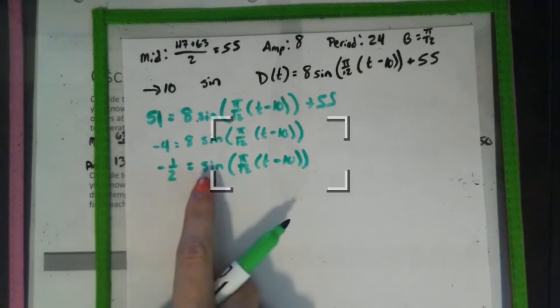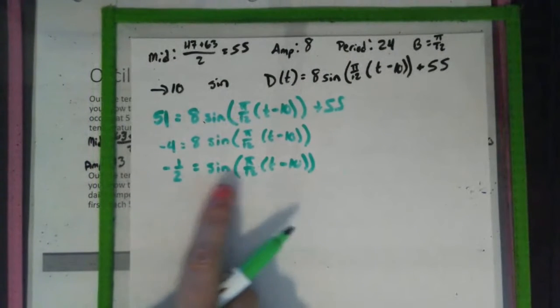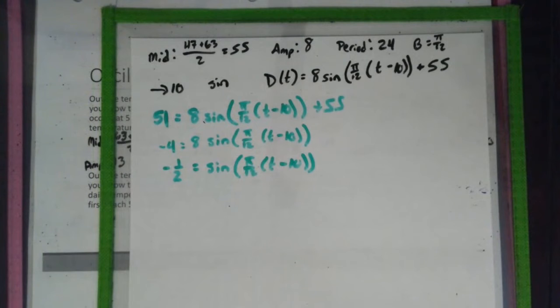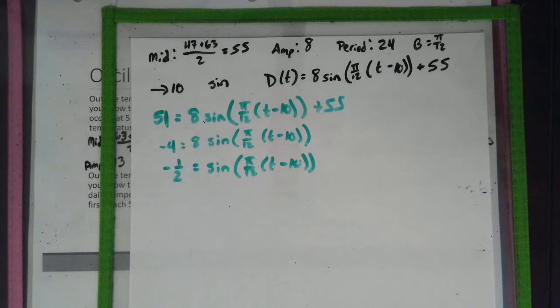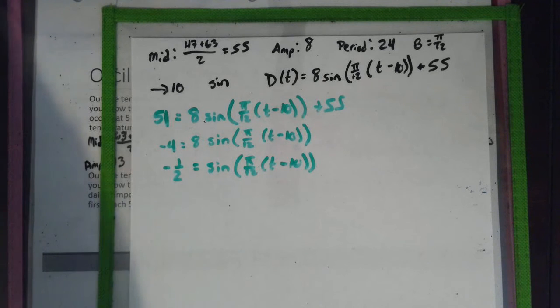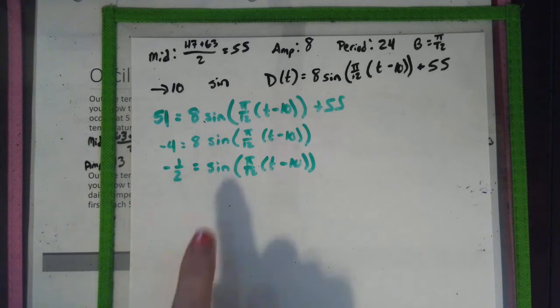So we have the sine of some angle is equal to negative 1/2. I'm going to take the inverse sine of both sides. Because I see pi over 12, I'm going to think in radians. I could type this in the calculator and it would get me to the same place, but to save time, negative 1/2 is one of the values on my unit circle.